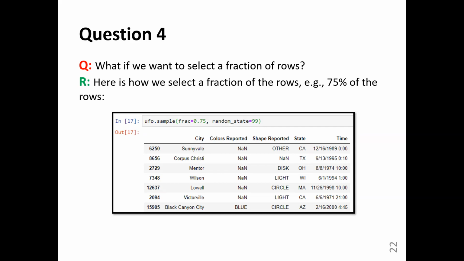So we split the data into 75% training and 25% testing. Who says correct? Who says not correct? Just 1, 2, 3, 4, 5, 6. And the rest is waiting to see.